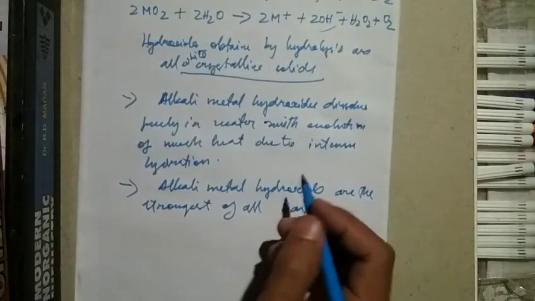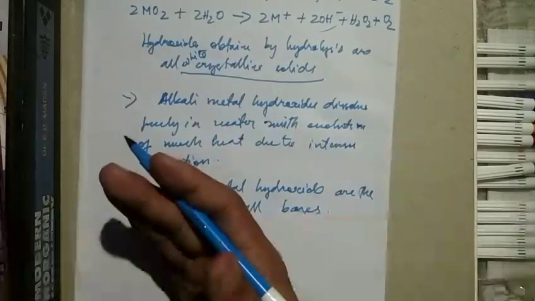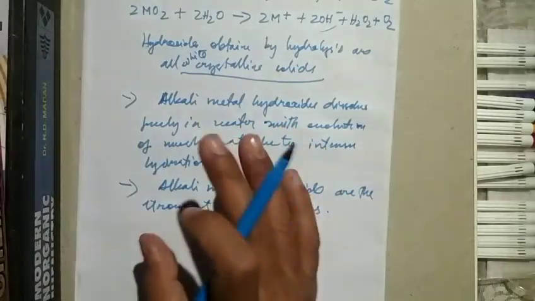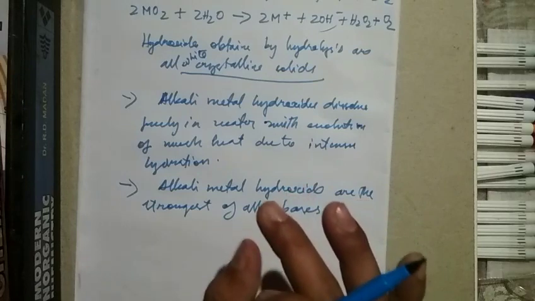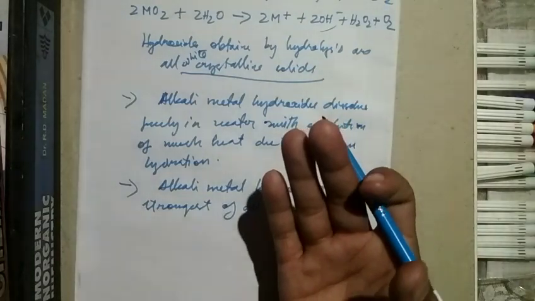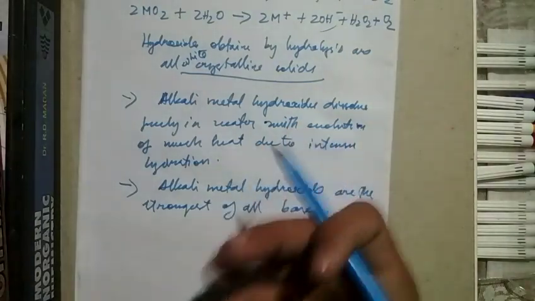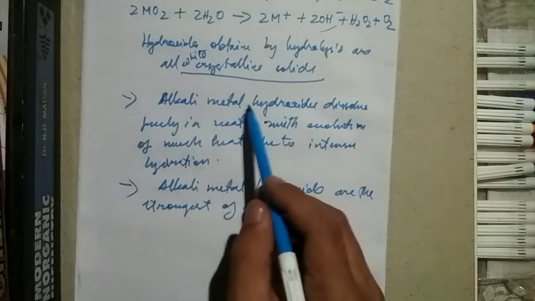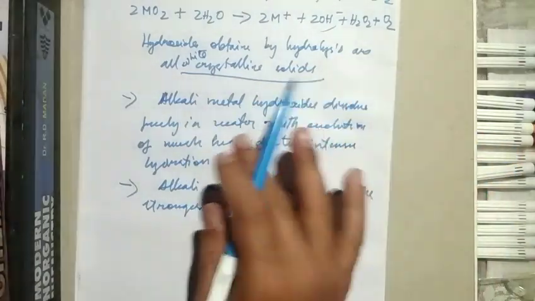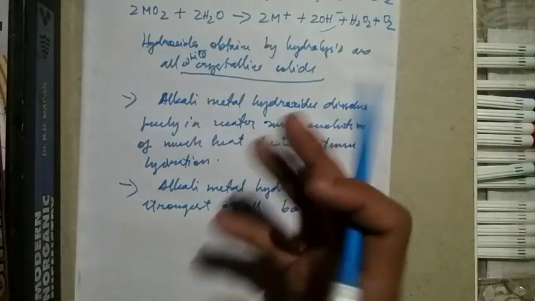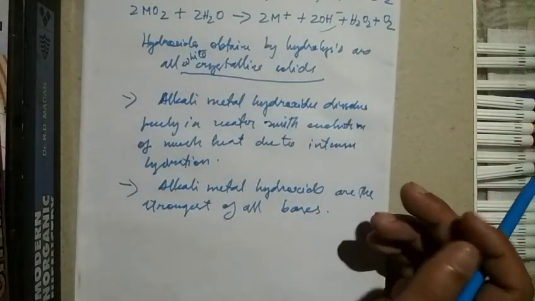In the previous videos we have discussed that alkali metals react with water, heat is released, and it is also explosive. In the same way we can understand that alkali metal hydroxides dissolve in water with the evolution of heat.